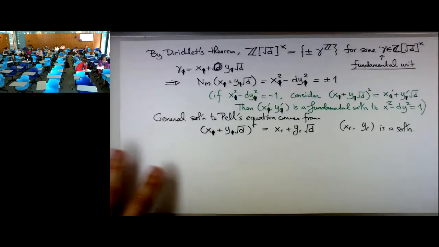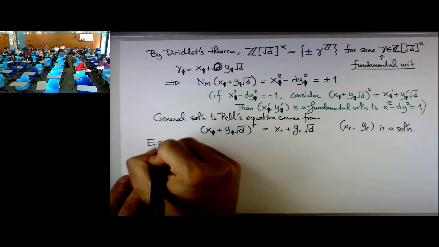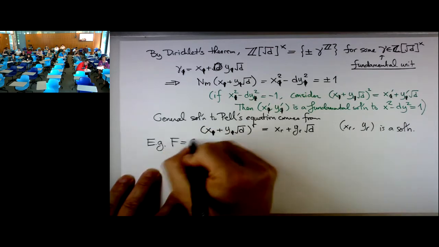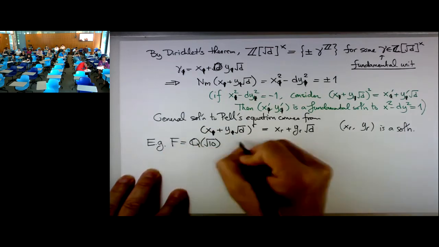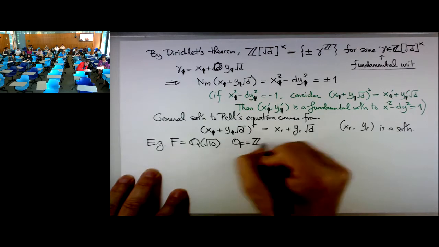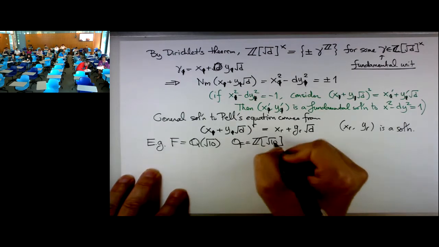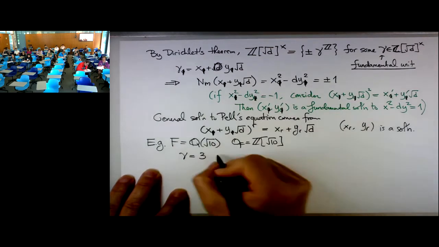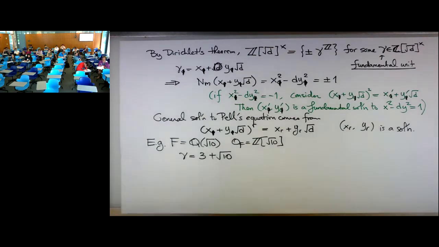Let me give a really quick example. Five minutes. In this case, O_F equals Z adjoin root 10. And you can trust me that the minimal solution you see is gamma equals 3 plus root of 10. The coefficients look very small, and when the coefficients look small, you're sure it's probably going to be the fundamental solution.